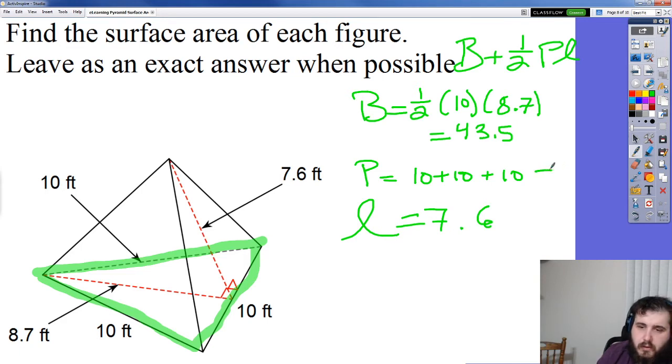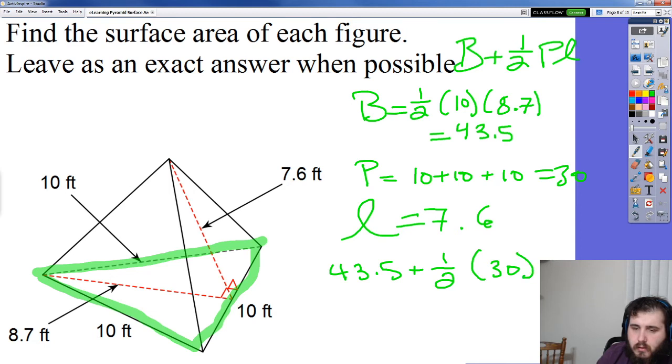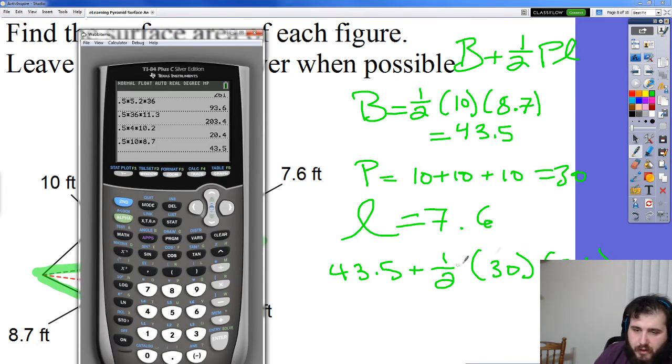So you got B, which we know is 43.5, plus 1/2 PL, and then this first part's already done. I just need to do 1/2 times 30 times 7.6.